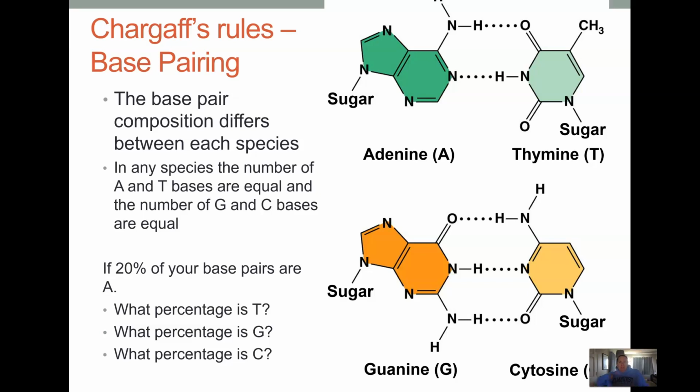One of the big advances of the elucidation of the structure is that we now know that there's a very simple base pairing method to DNA, and we call this Chargaff's rules, a rule for base pairing.